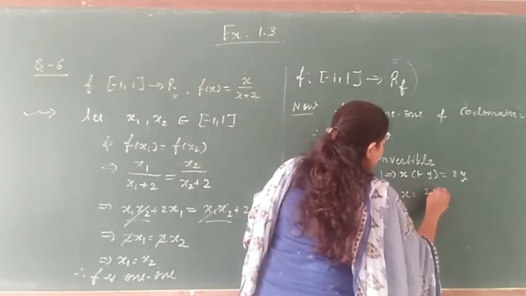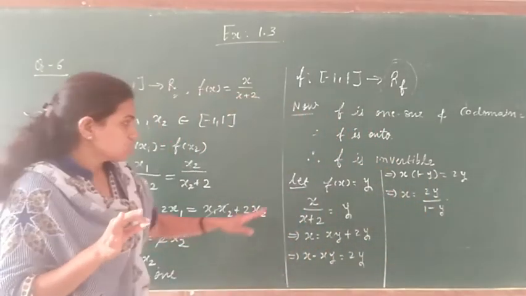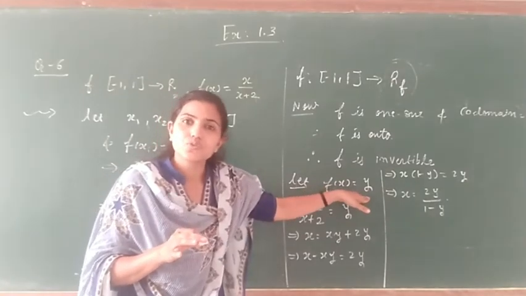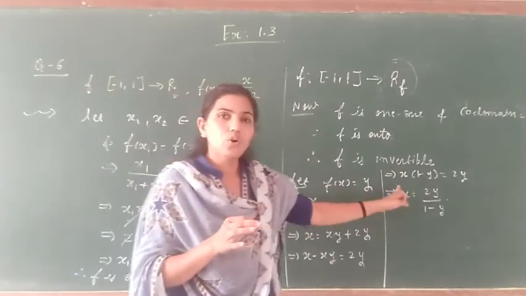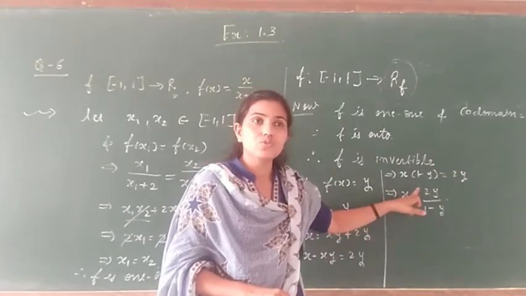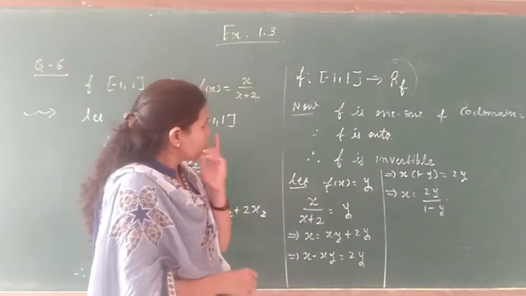So x equals 2y upon 1 minus y. Okay, so what we have done: we took f of x equals y and converted the whole x in terms of y. So now we have x equals 2y upon 1 minus y. So what will we do now?